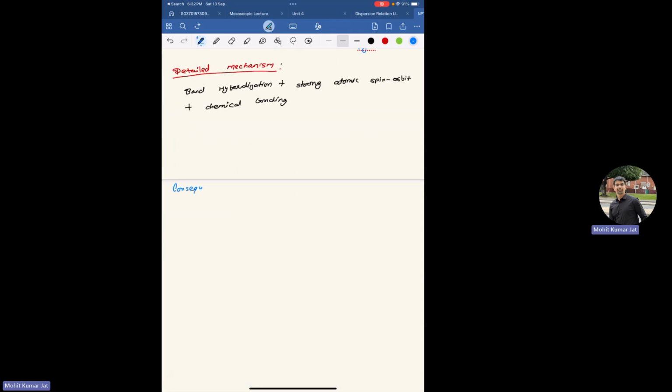Or the consequences in bulk HgTe: bulk is zero gap or semi-metallic.